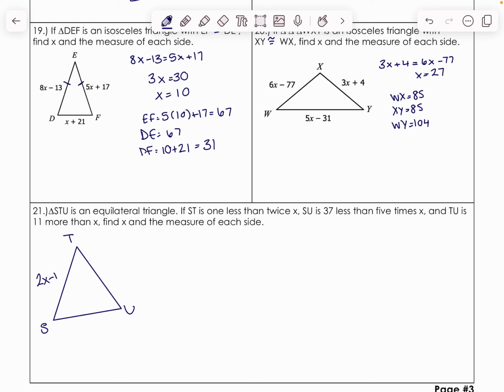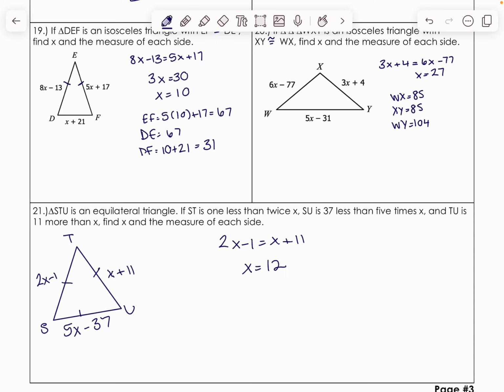SU is 37 less than 5 times x. So that's 5x, and then 37 less than that. And then TU is 11 more than x. Okay, and again, since it's equilateral, just pick two of the sides, set them equal. So if I have 2x minus 1 equals x plus 11, you're going to get x is equal to 12.